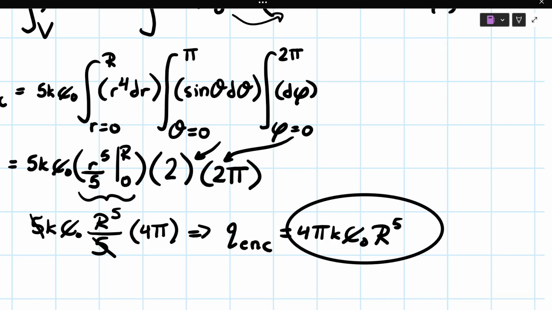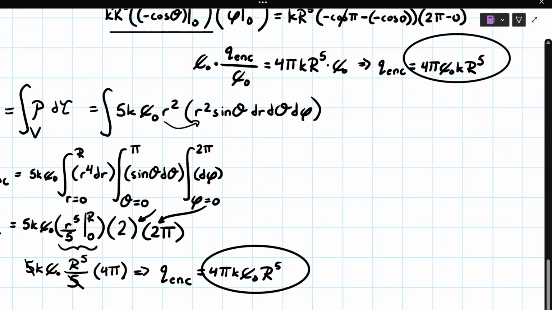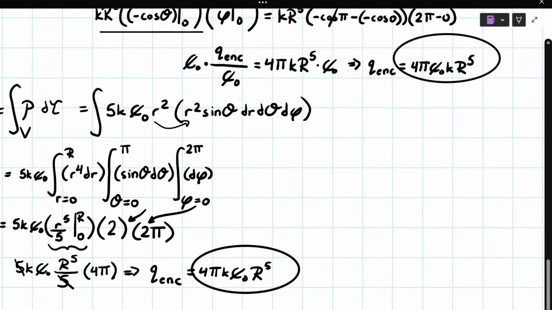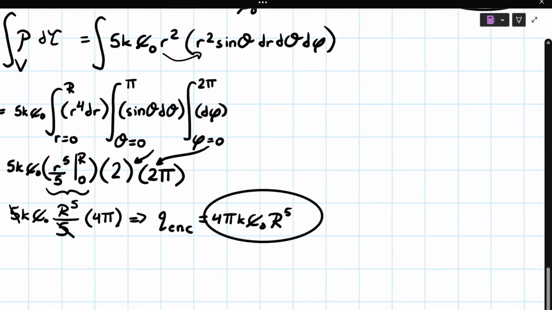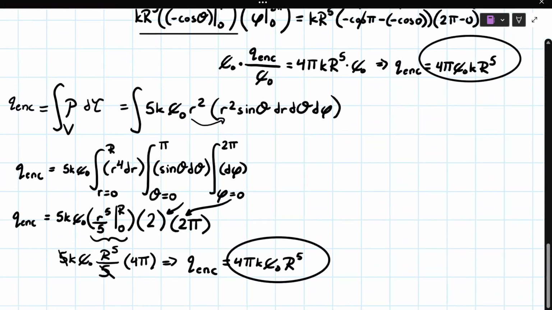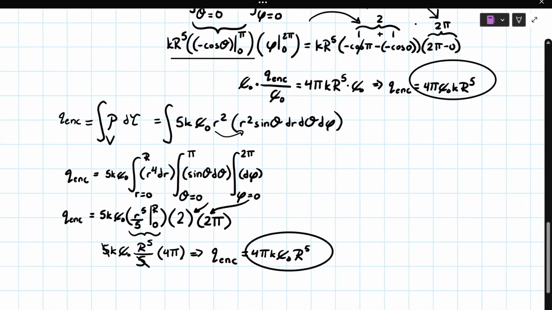And I believe that is the exact same answer that we found using the first method. Yes, you can compare them, right? 4 pi epsilon naught k R to the fifth, and the same down here. And so that is how we find q enclosed in two different methods, okay?